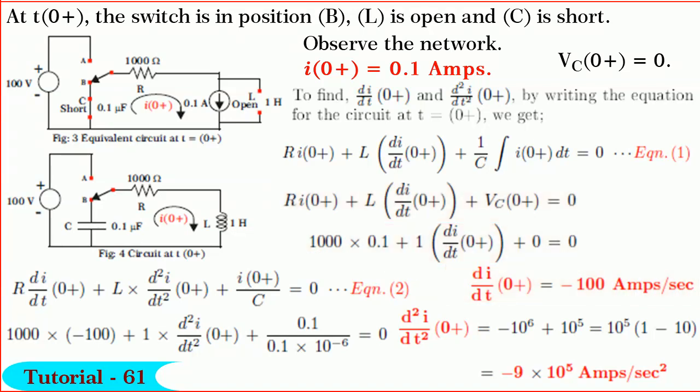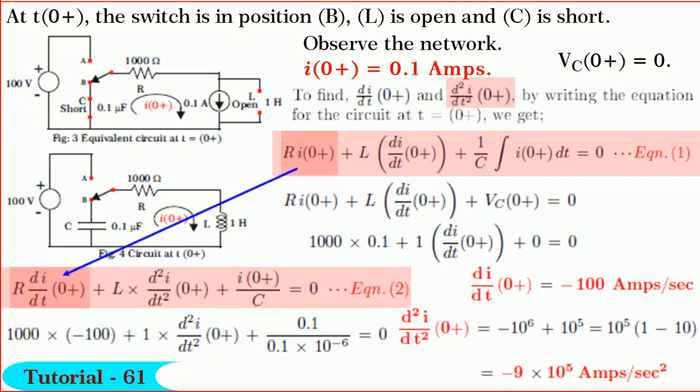To find d squared I by dt square 0 plus, by differentiating equation 1, we get R into di by dt 0 plus L into d squared I by dt square 0 plus I0 plus divided by C is equal to 0.